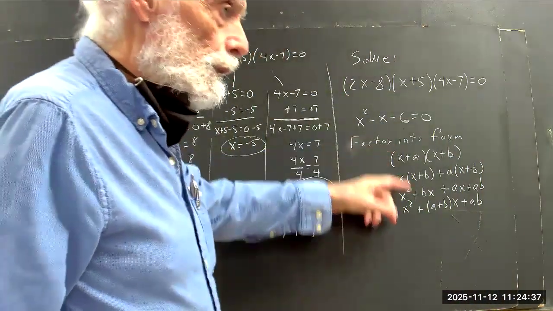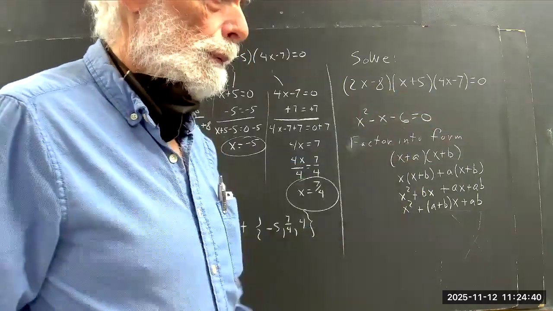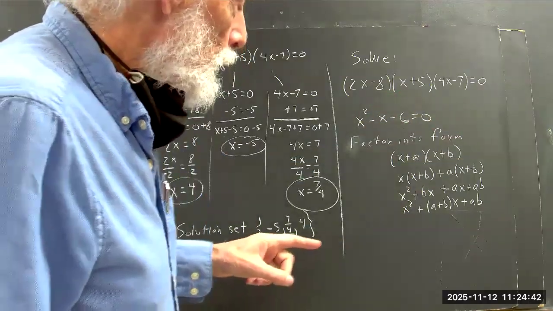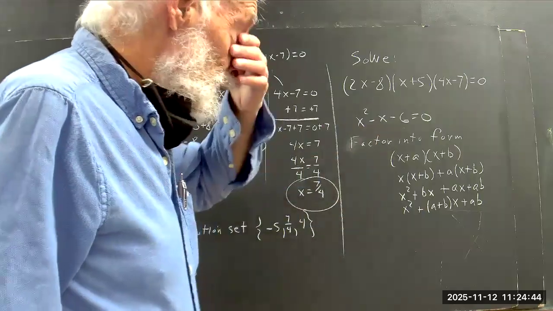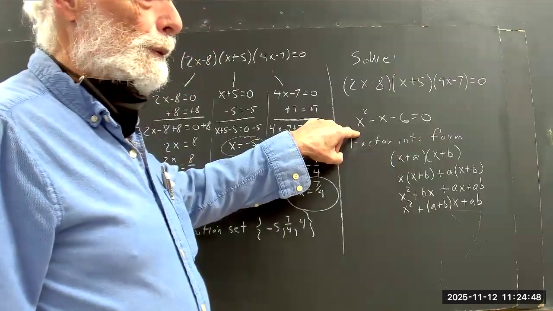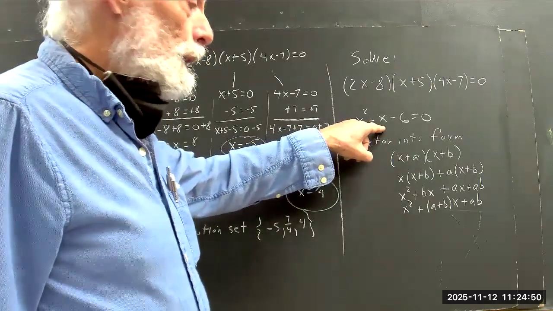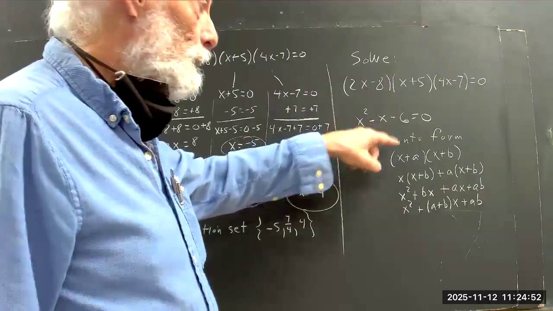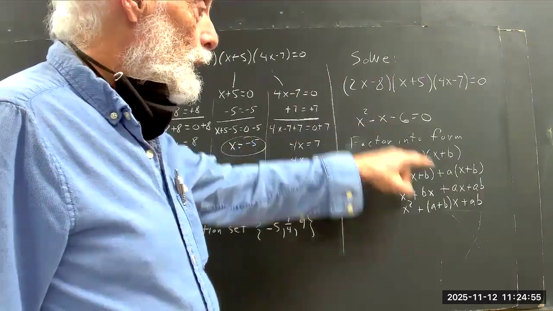Now you want to understand this so you understand why you do what you do. What you have to do is identify the numbers that have x's on them and numbers that don't. Well, this has an x squared, that's an x term, and this has an x, but this doesn't.